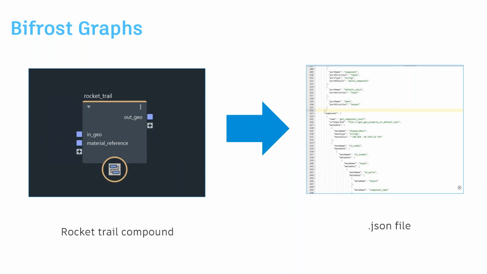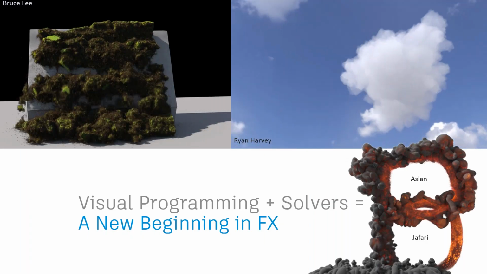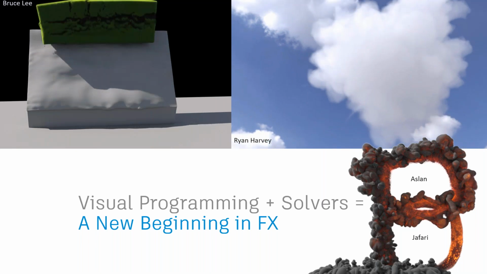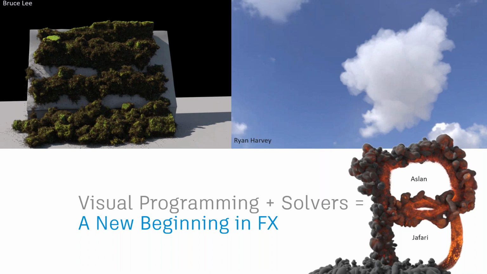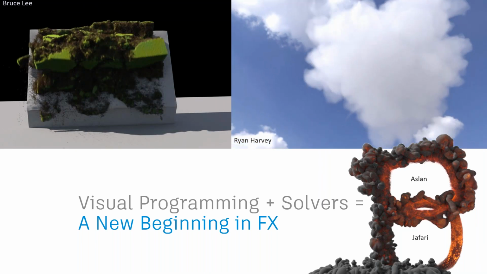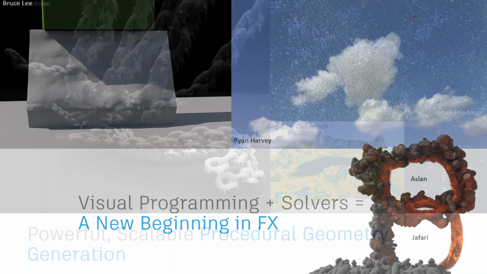Again, these compounds can also be further condensed into a JSON file and easily shared with anyone across the world that's using Maya. So Bifrost essentially is visual programming combined with a set of really powerful solvers that enable you to do effects in ways that were not possible earlier inside of Maya.